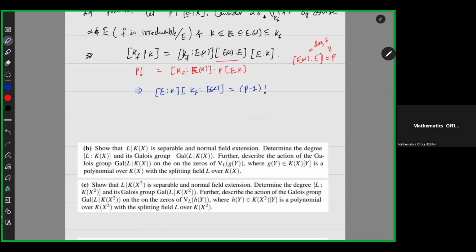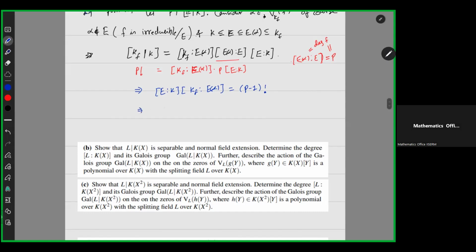Okay, so all the factors of either E over K or KF over E alpha are coming from p minus 1 factorial, right? So this implies p does not divide E over K. P cannot be obtained as a factor in p minus 1 factorial because p is prime.